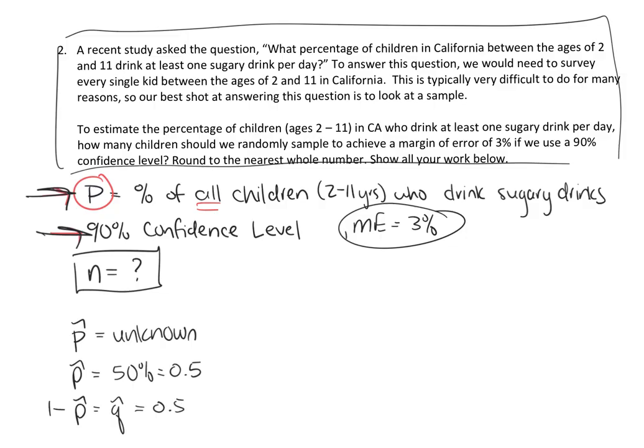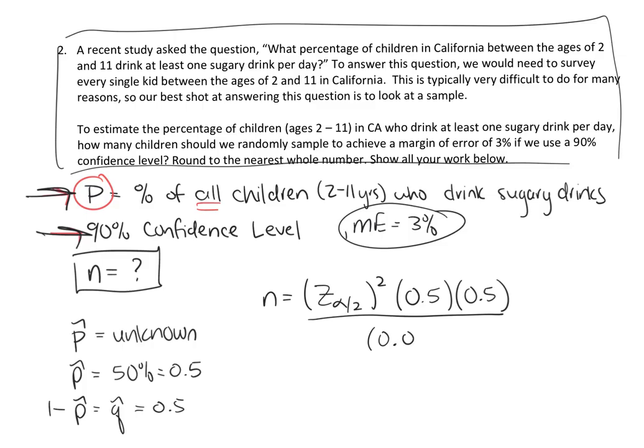So here, using those conservative values, the formula is: you take the critical value that's associated with the 90% confidence level, we square it, and we multiply it by the conservative p hat value and the conservative q hat value. And we divide this by the square of our margin of error. So don't forget to convert that margin of error to its decimal equivalent, and we're going to square that.